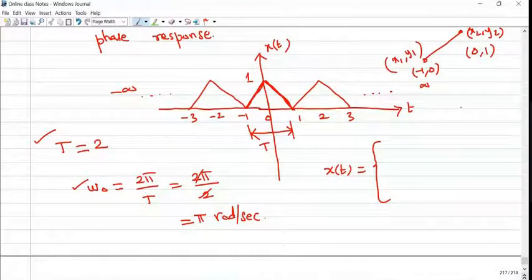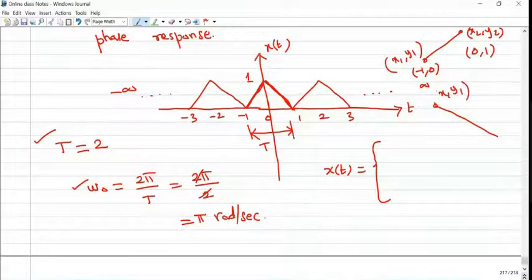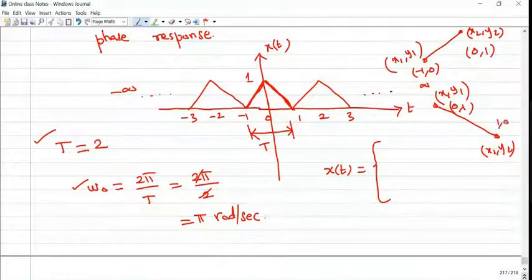Then for the time interval 0 to 1, this point is x1, y1 and this point is x2, y2: 0 comma 1 and 1 comma 0.